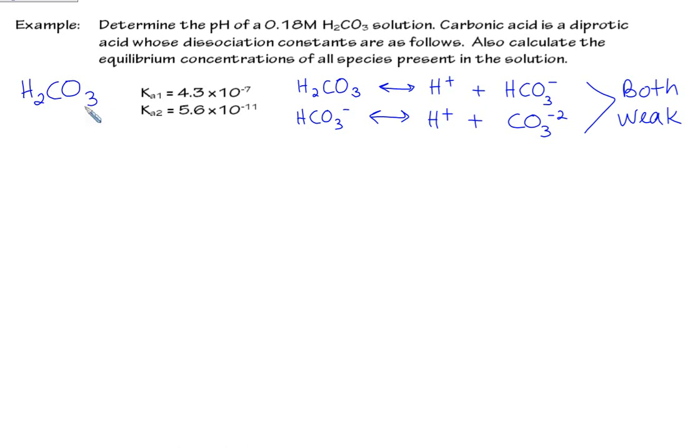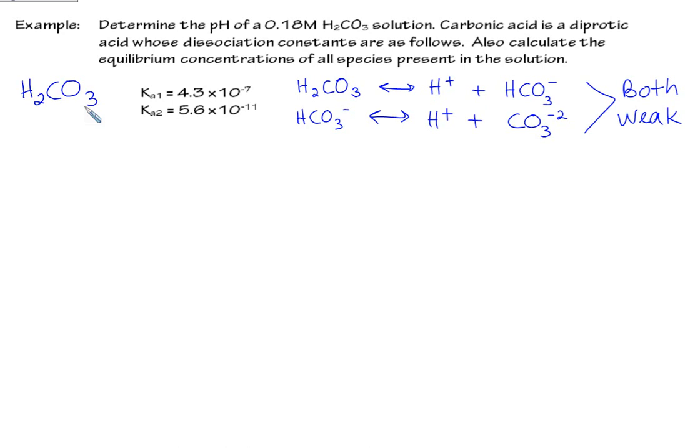And actually, I can guess right now that it's probably the most abundant of all those particles listed. That would be different if this were a strong acid. In a strong acid, the original would dissociate 100%, and we wouldn't have any of the original neutral acid. It would all dissociate. Not the case here.